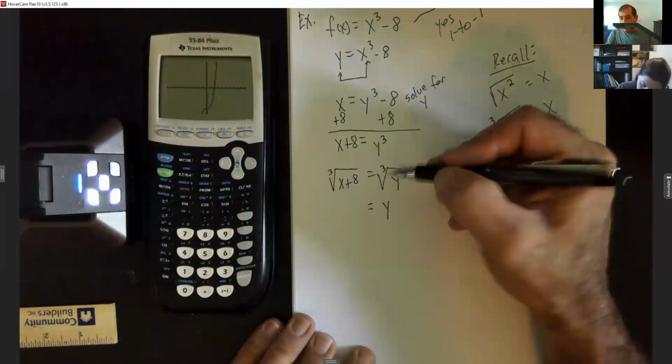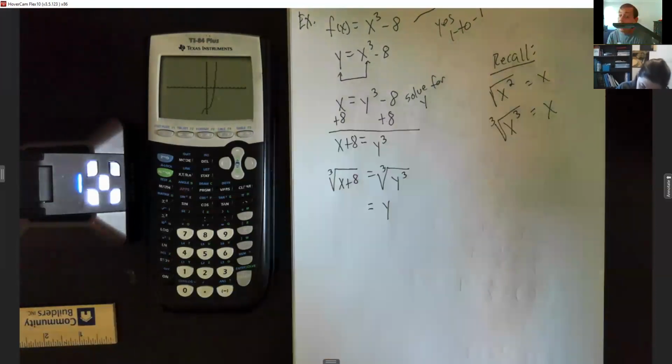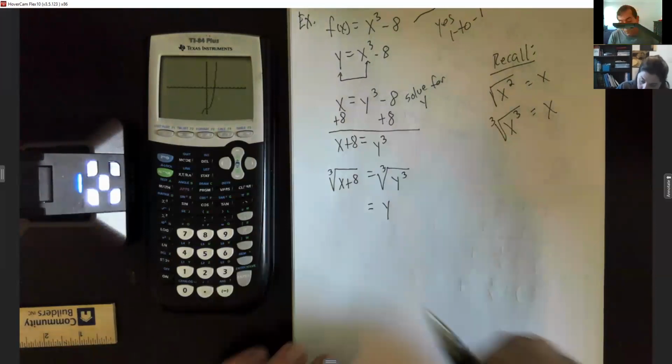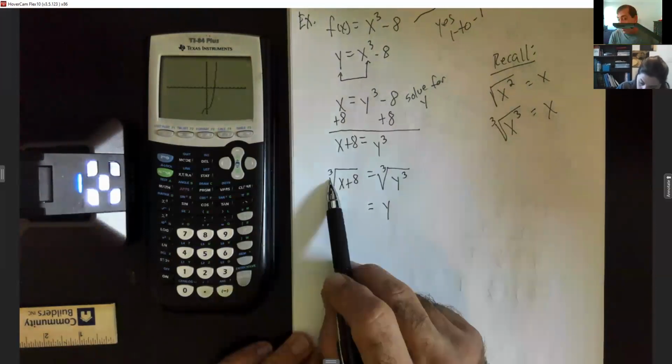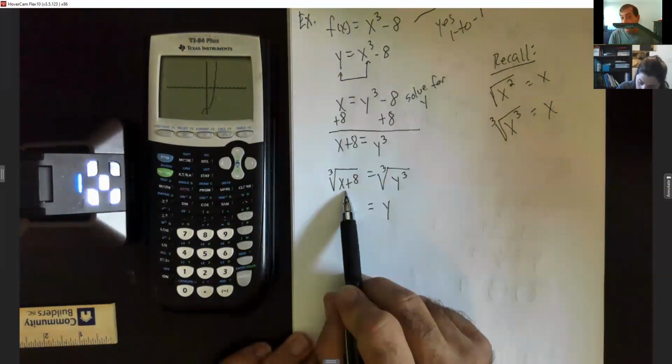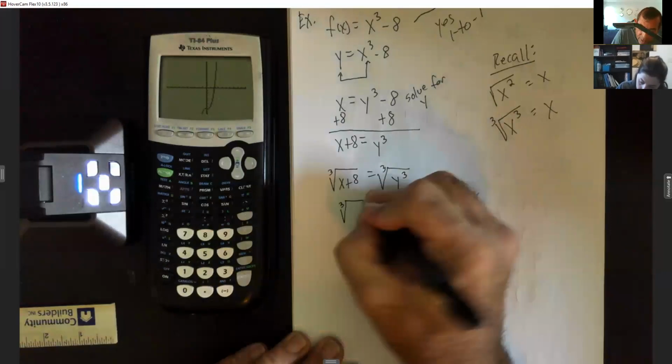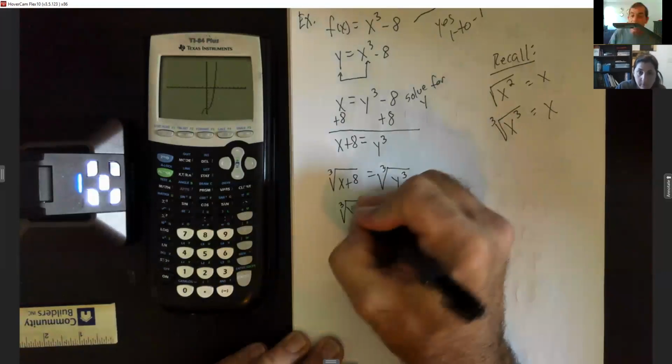So radicals and exponents cancel each other out. They're what we call inverses of each other. And y'all, unfortunately, I don't know what that x is under this radical, so I cannot go any further with that one. So that's going to stay a cube root of x plus 8.